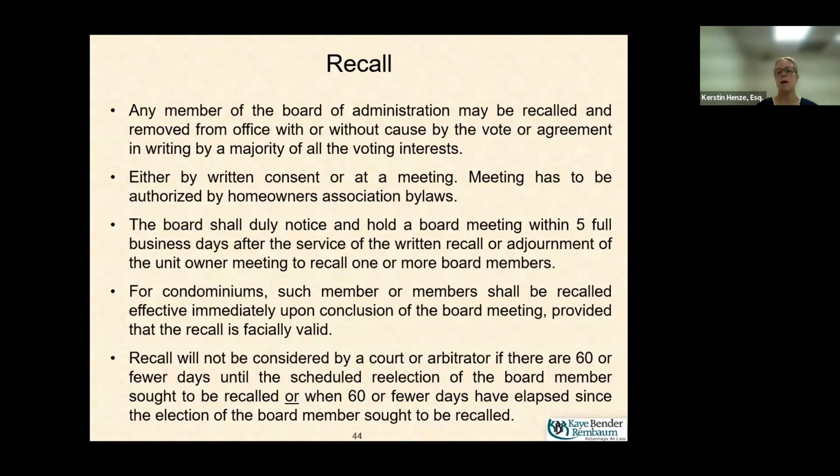You can recall a director through a membership meeting process, or you can do it, which is the more common way, through a recall ballot. You can actually go into the Division of Condominium website and even download a recall ballot, and there are even instructions on how to do it.